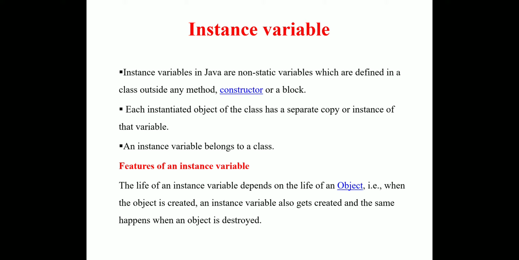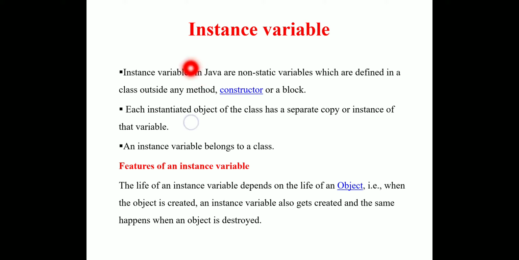First, we can discuss the instance variables. What are the instance variables and how to use the instance variables in our program? Instance variables are non-static variables and also defined in a class outside any methods, constructor or a block.